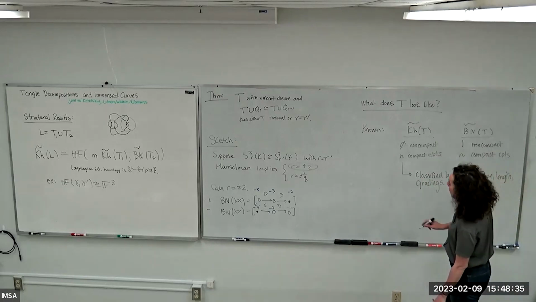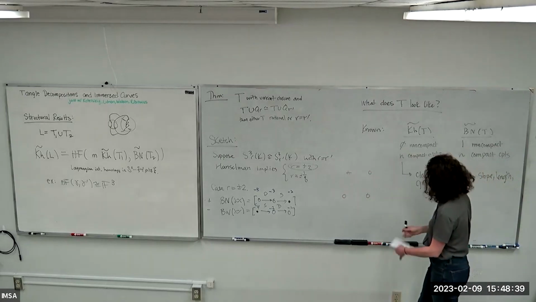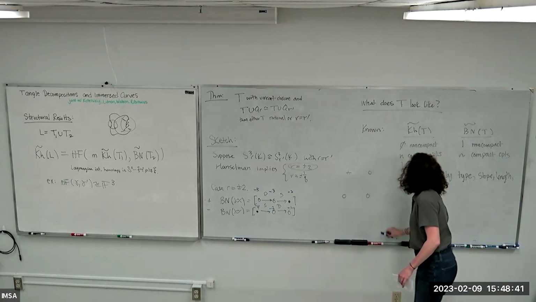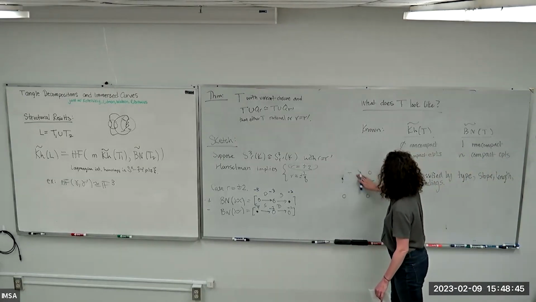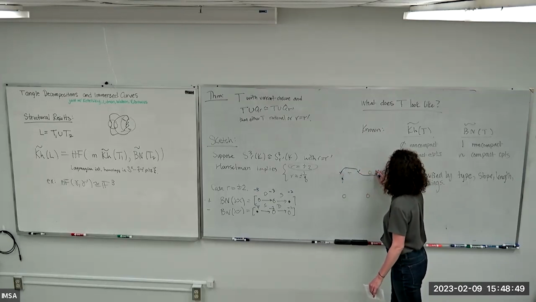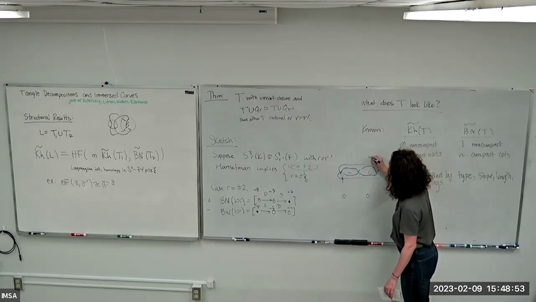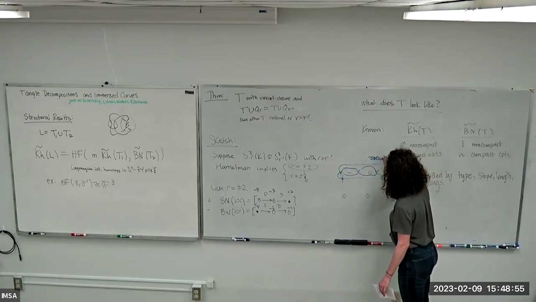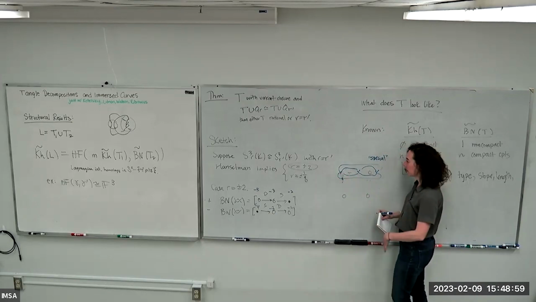So just as a kind of generic picture, this would be an example of what's called a special curve, and it's special because it encircles the special marked point.